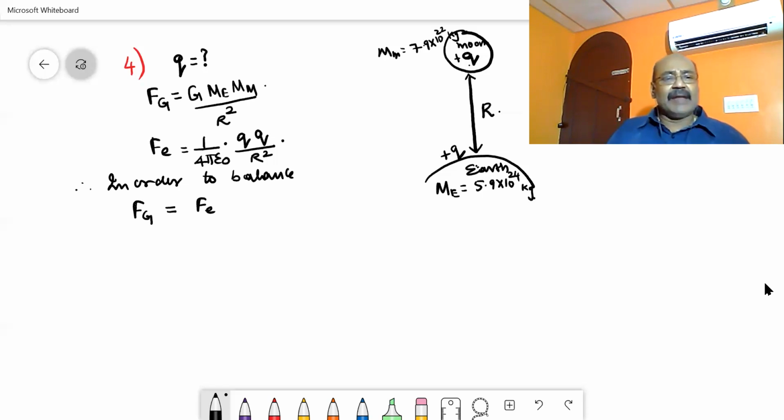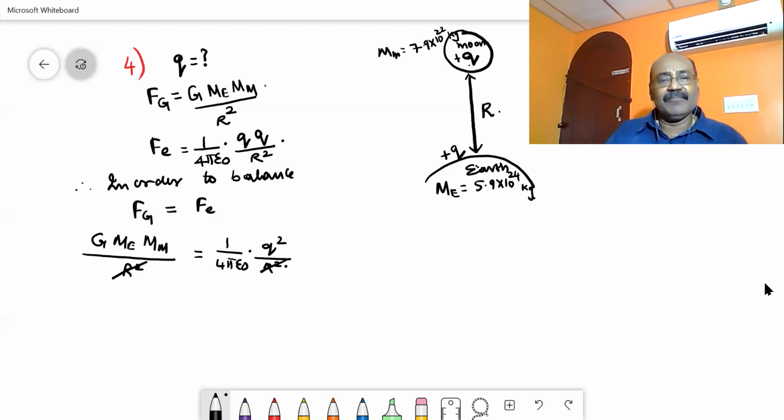F of g can be written as G into mass of Earth into mass of moon, whole divided by r square, is equal to 1 divided by 4 pi epsilon 0 into q square divided by r square. This r square and this r square will get cancelled.